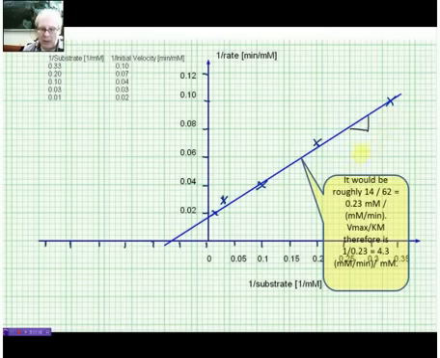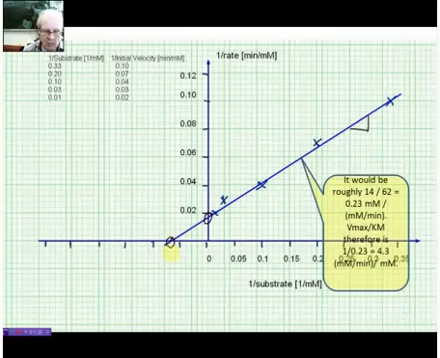So in the next one, again, here we've got our 1 over Vmax, and here minus 1 over Km.